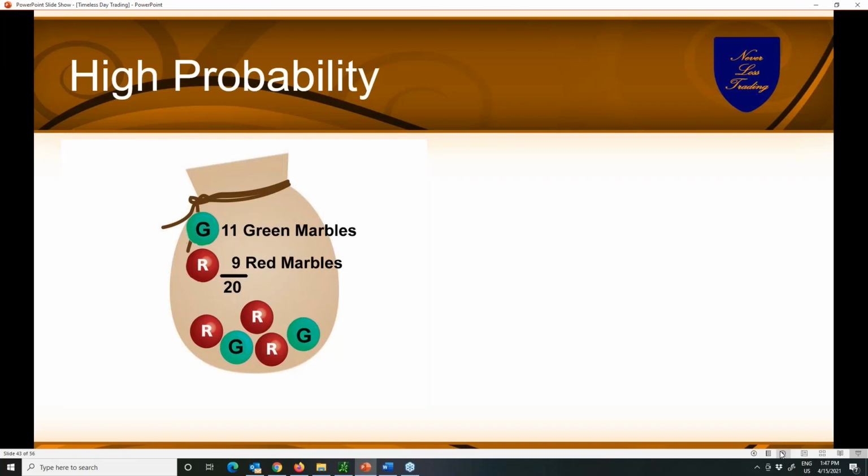Probability thinking, I'll just puzzle together two different scenarios. One where you have 20 marbles in a bag, 11 green marbles that are winners, and 9 red marbles that are losers. So that's already a positive scenario. It's a 55% chance of winning.